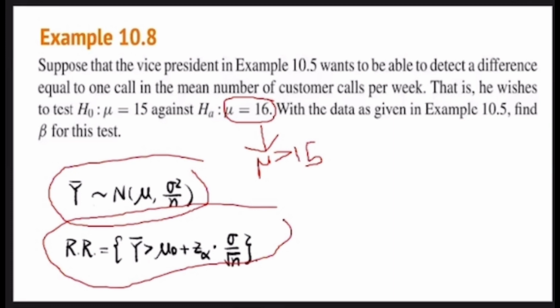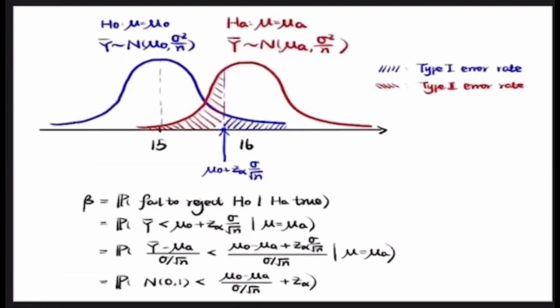We don't just put greater than or less than. What we put depends on the nature of the alternative. Now, if you sketch a normal curve for the two hypotheses, what is the center of the one in blue? 15.